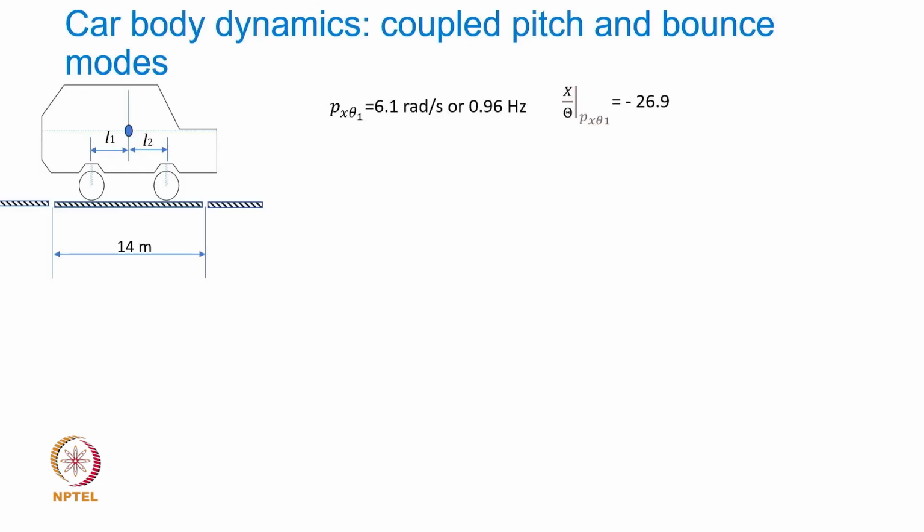What do I make out of this value? What I do is I assume that because the degrees of freedom x and theta are defined at the CG, isn't it? So, suppose I move this CG with a displacement of maybe 10 centimeters, just to have an idea about what this motion would look like.